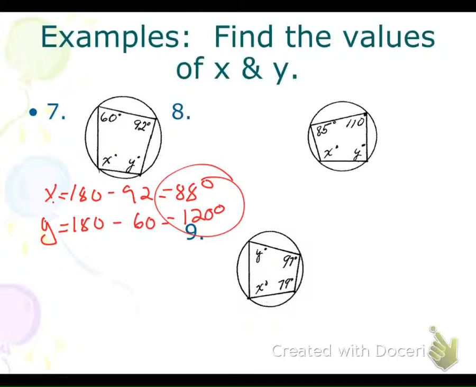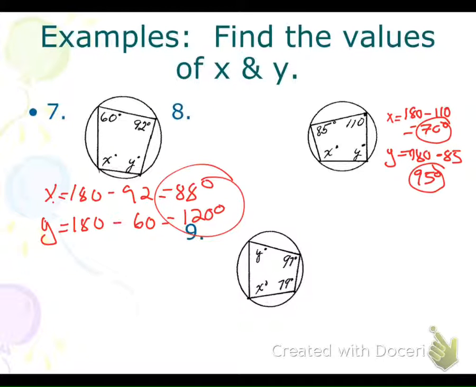Okay, our next one up over here, we have x. Hold on, ladies. So we have x equals 180 minus 110, which gives you 70 degrees. We have y, which is 180 minus 85, which is 95 degrees.